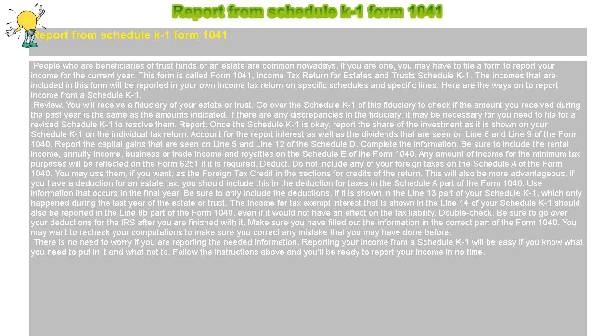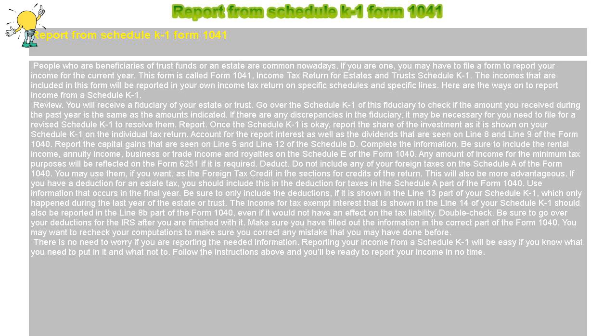The incomes that are included in this form will be reported in your own income tax return on specific schedules and specific lines. Here are the ways to report income from a Schedule K-1. Review. You will receive a Schedule K-1 from the fiduciary of your estate or trust.